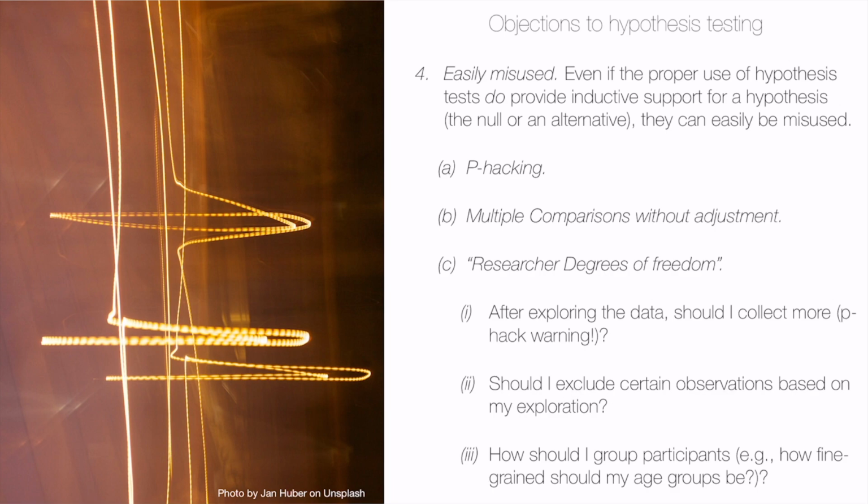Excluding outliers is another possibility for researcher degrees of freedom. You decide, I want to remove some values or add in some values. How you might group people could change the results of your test. And if you are grouping people with an eye on getting a certain result, that's another researcher degree of freedom.